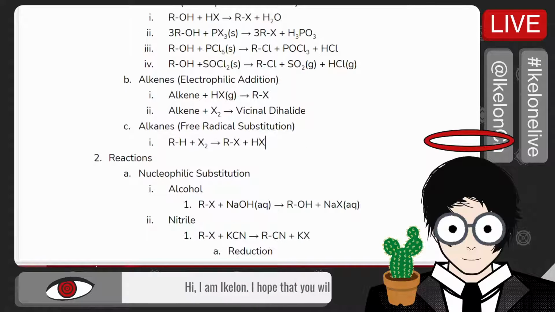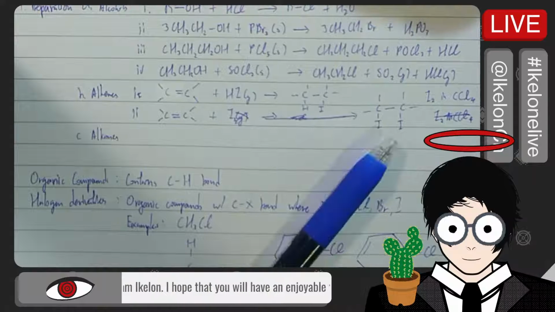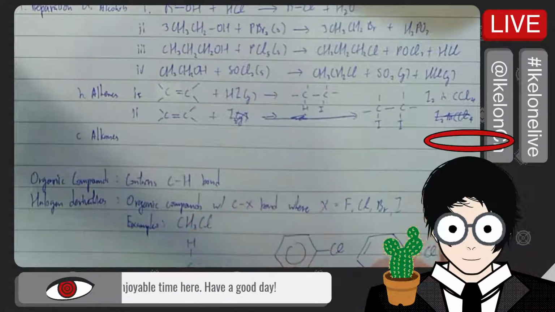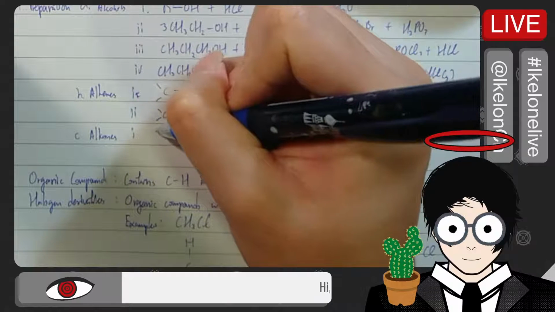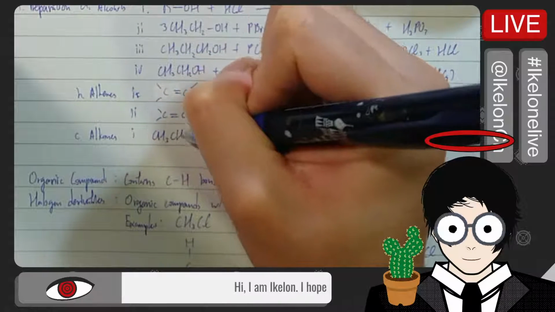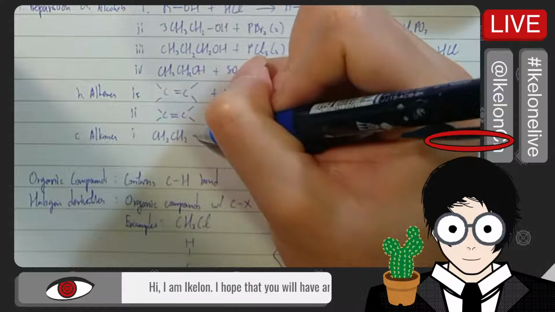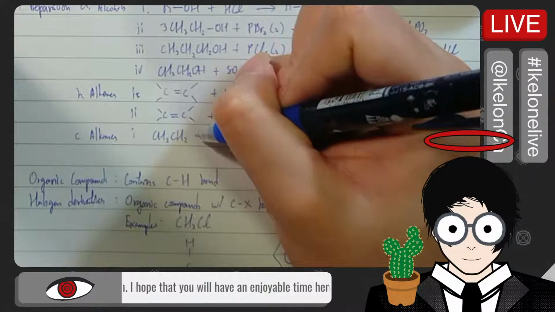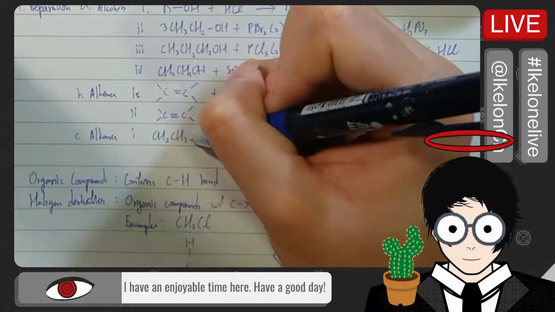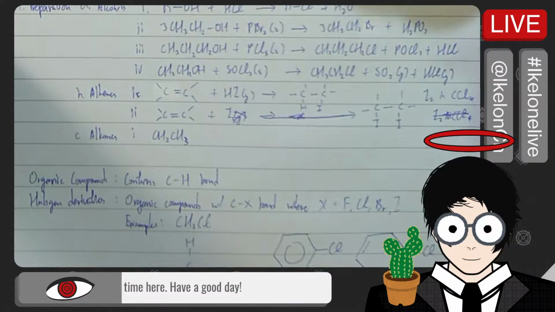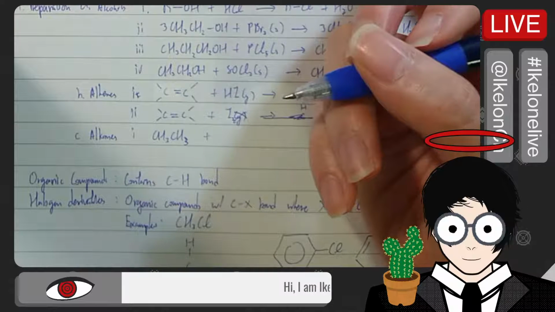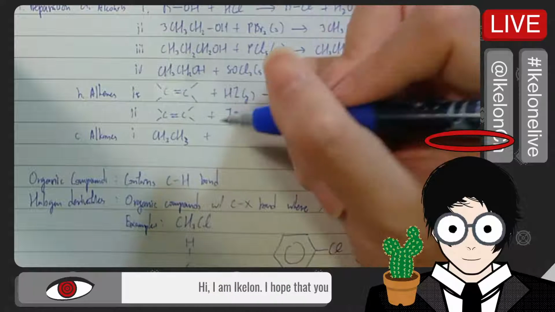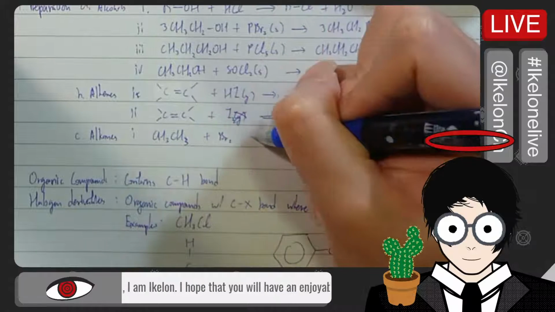So how this will look on paper would be something like this. CH3CH3 plus, let's use bromine, and then we'll get something like this.